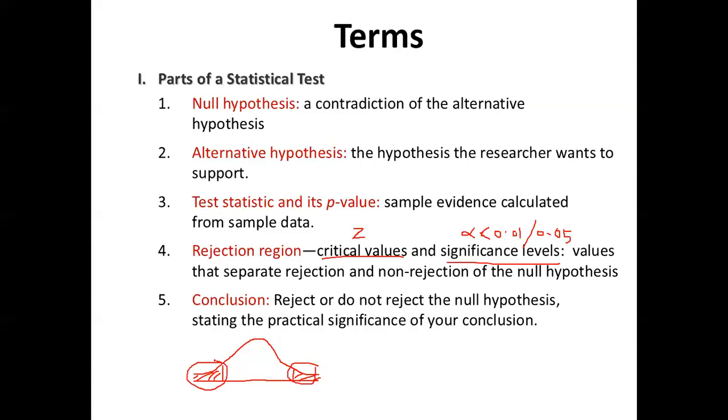And in the center, the confidence interval, is the non-rejection area. So the shaded area here is the rejection area.